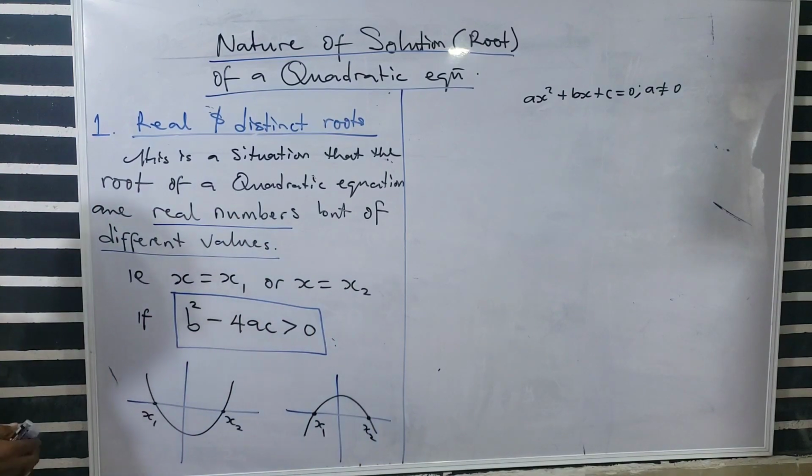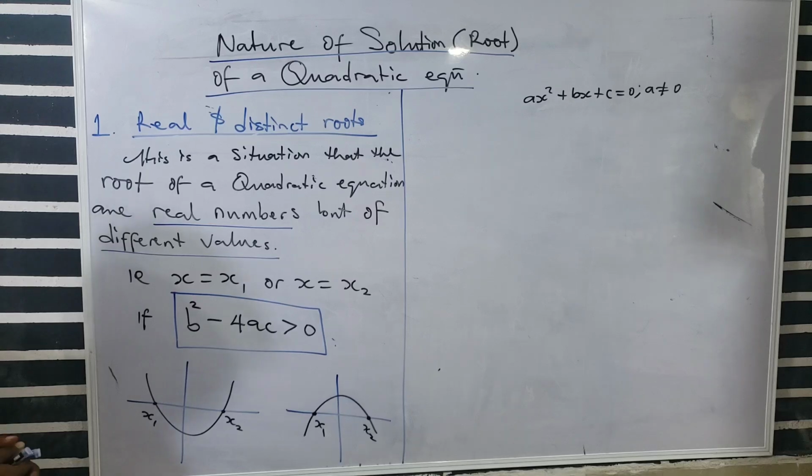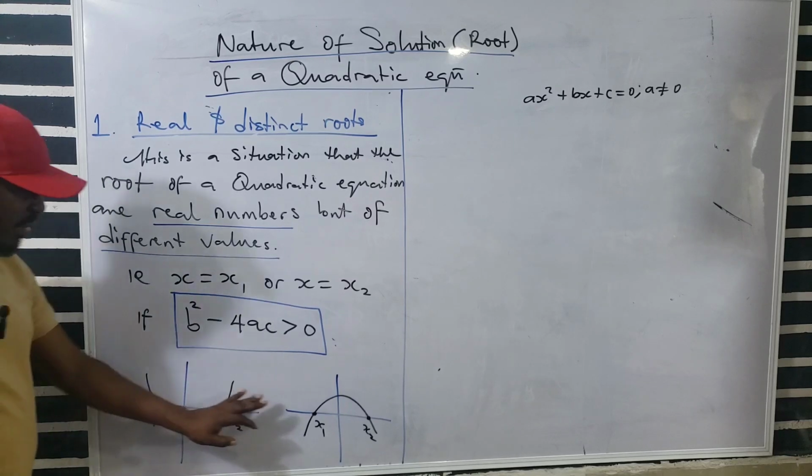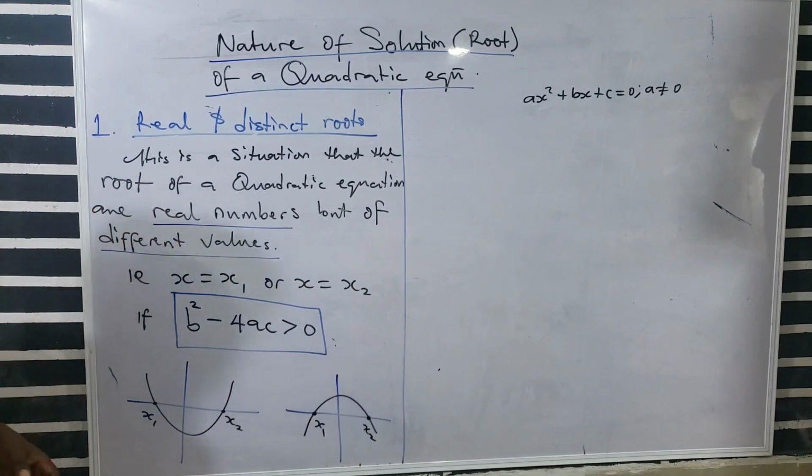Remember, the x1 or x2 can be interchanged. So when you plot your graph and this is the kind of graph you have, the roots are real and distinct.